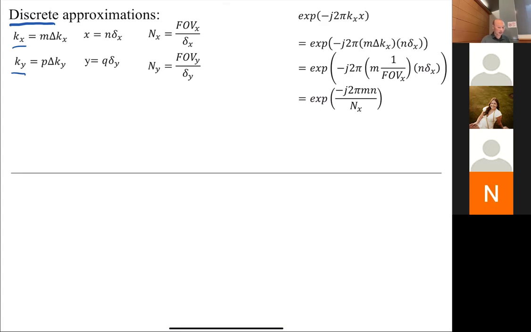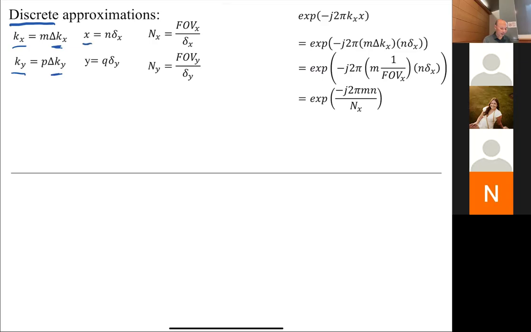And in fact, if you think about all of imaging and deep learning, it's so much based on linear algebra these days that it doesn't hurt to review some linear algebra. Okay, so if I have kx and ky and they're continuous variables, discrete approximation is I just have them be integer multiples of delta kx and delta ky.